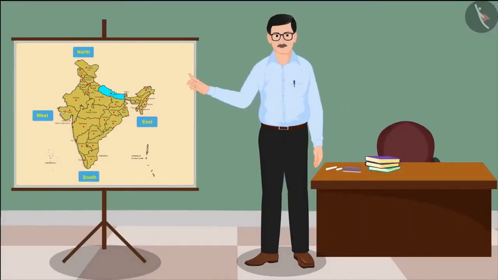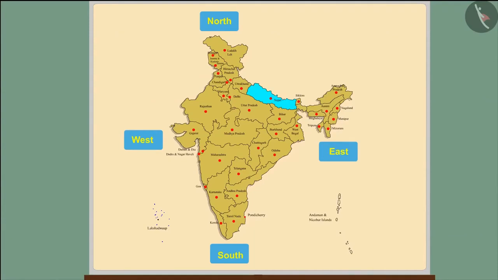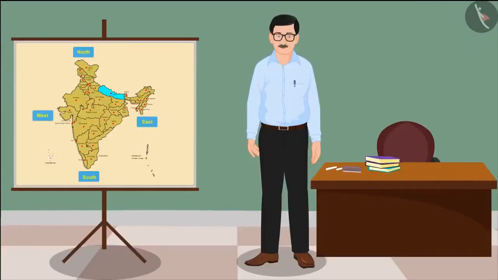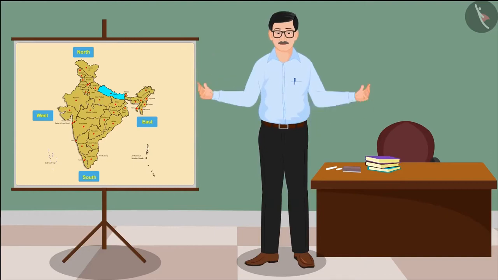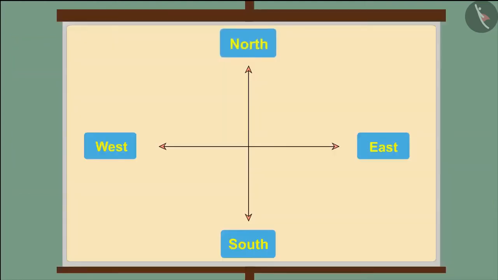So children, you just learned which states lie in 4 directions of India. But do you know that there are 4 additional directions besides these? Let's talk about them. There is one more direction in the middle of north and east.